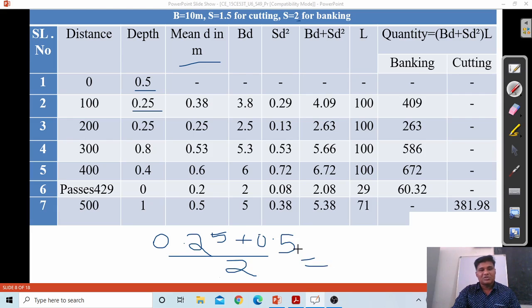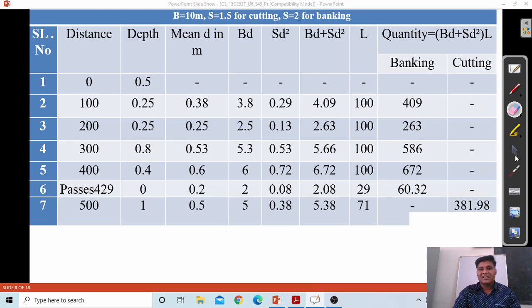So 0.5 plus 0.25 is 0.75, divided by 2 will give me 0.38. Understood? Similarly, the mean depth for 200 is 0.25 plus 0.25 divided by 2, that is 0.25.